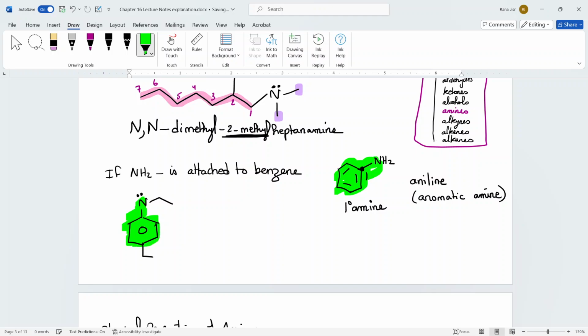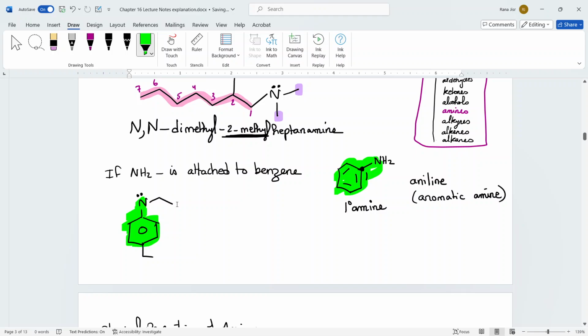So this is why I need to follow the rules when I have a secondary and a tertiary amine, how to name them. It's exactly the same way as we talked about, and you have to use the N prefixes, 2 N's for the tertiary, 1 N for the secondary. So this one is going to be a secondary amine.